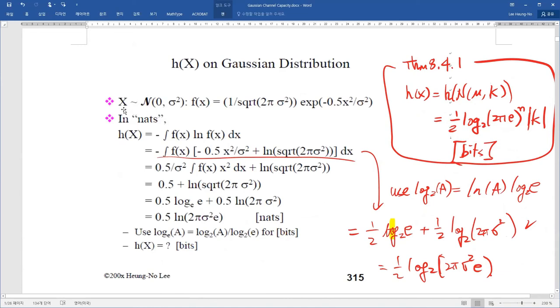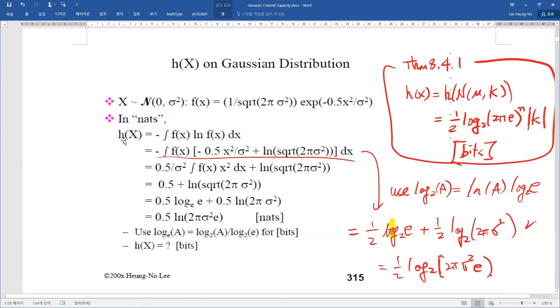Here I have X, a one-dimensional Gaussian random variable with mean 0 and variance sigma squared. So f(x) is 1 over the square root of 2 pi sigma squared, times the exponential function whose exponent is minus half x squared divided by sigma squared.